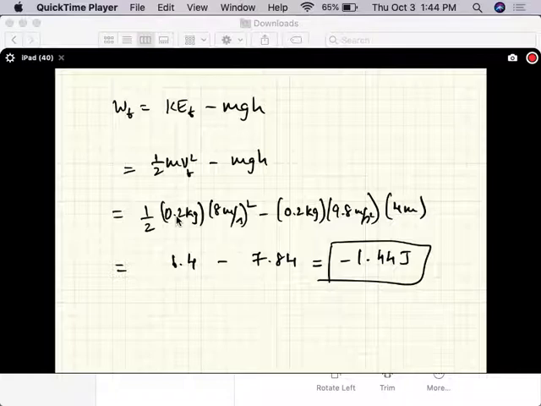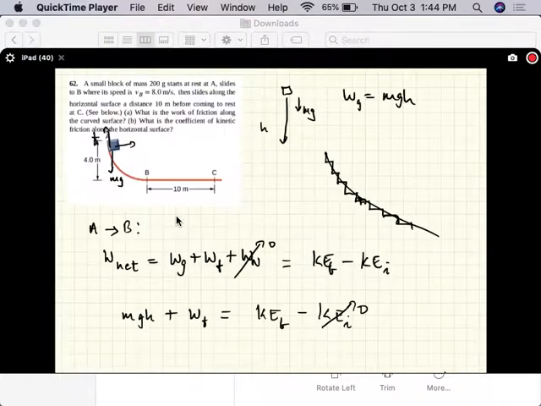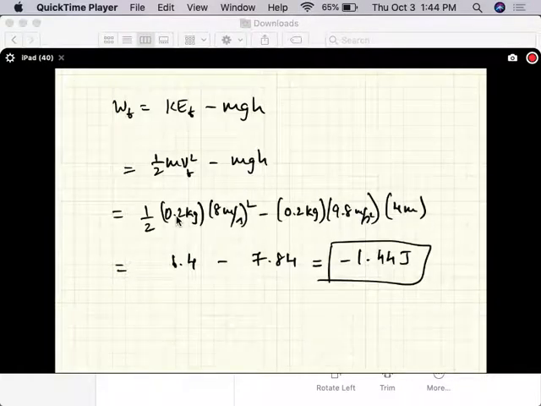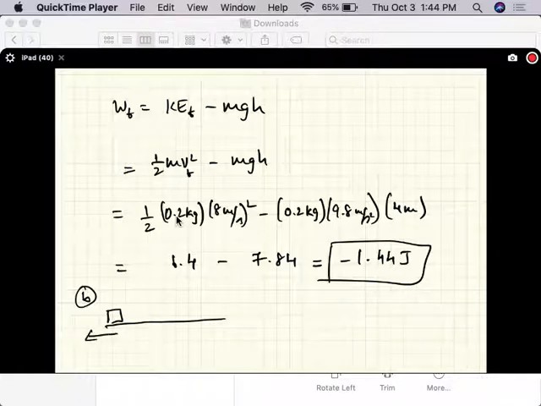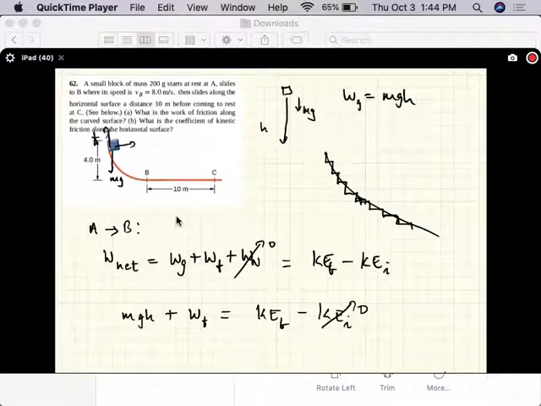Now they ask, what is the coefficient of kinetic friction along the horizontal surface? So now you're on the horizontal path, and the friction force is in this direction. Now you know what the normal force is: it is equal to the weight, and you traveled 10 meters.